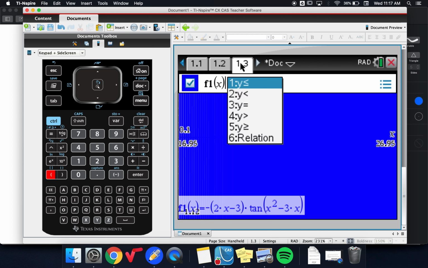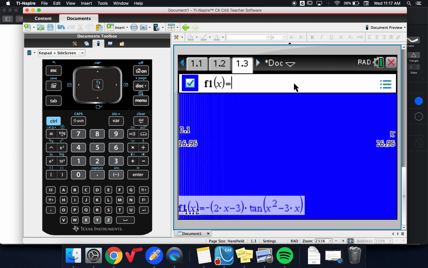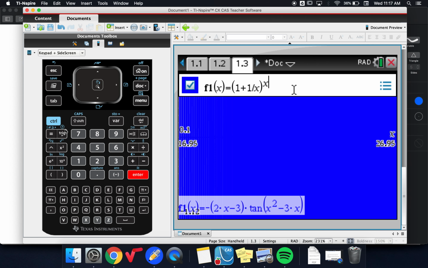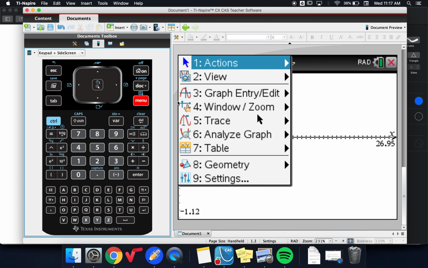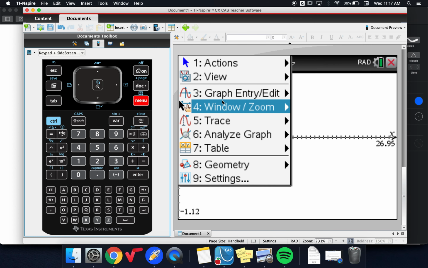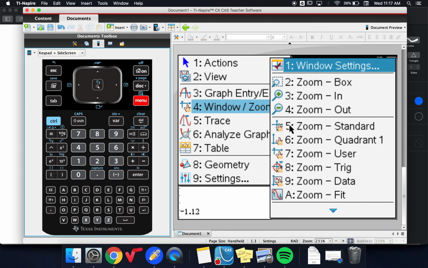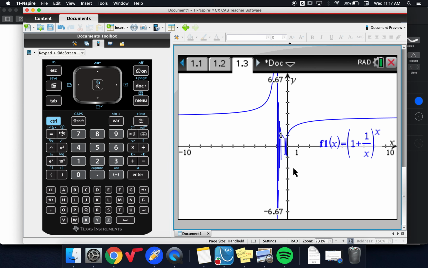Now I still want to have y equals 1 plus 1 over x raised to the x power. Now if I graph this, I'm not seeing anything, so let's go menu, and let's do a zoom standard, just to go back to sort of a normal window.